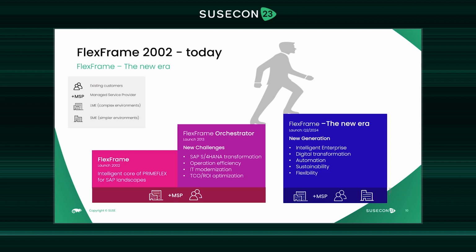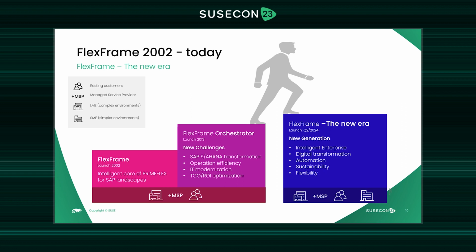So firstly, let us have a look at how FlexFrame evolved over the past years. Basically, it all started out as a collection of scripts that helped SAP Basis admins with their day-to-day operation. But after it was evident that these scripts were very, very useful for plenty of customers, FlexFrame was being productized.